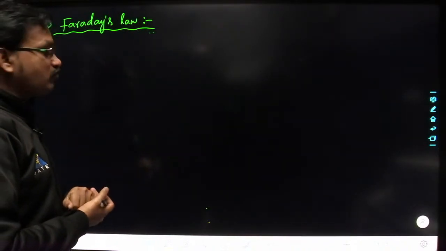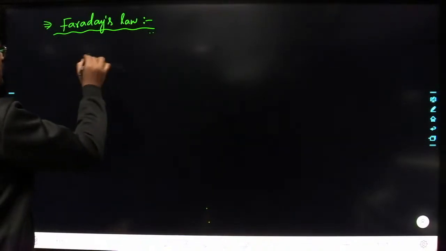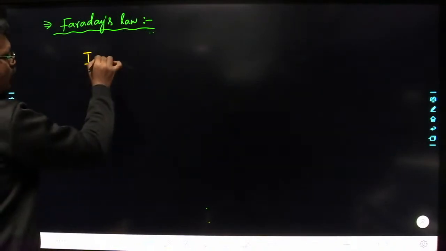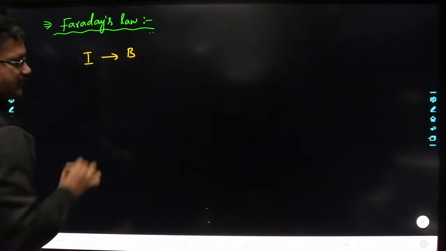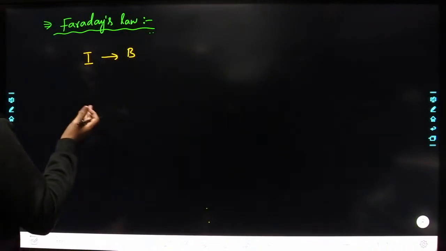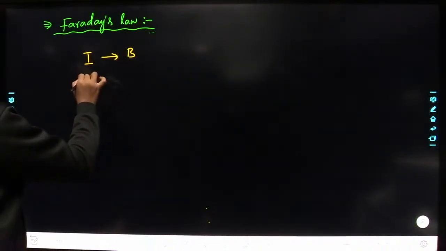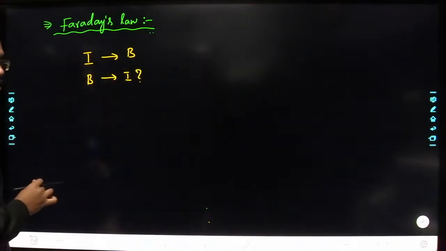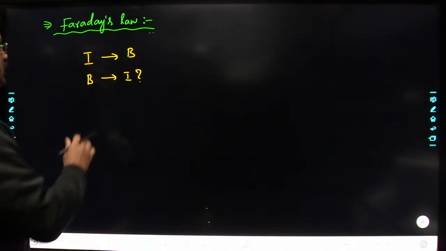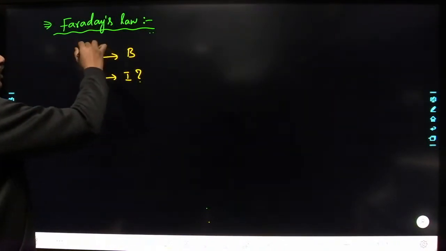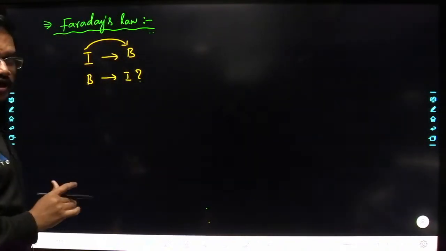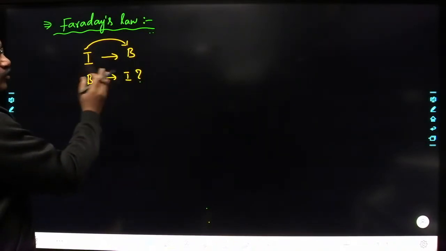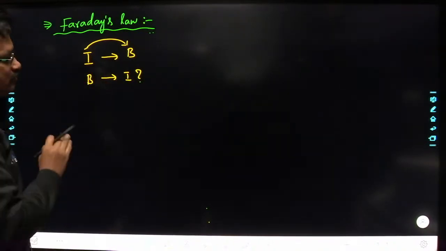We know that whenever you have a current, it is going to produce a B field, right? Now, Faraday's doubt is whether this B field can in turn produce the current or not. This is the doubt Faraday has got.